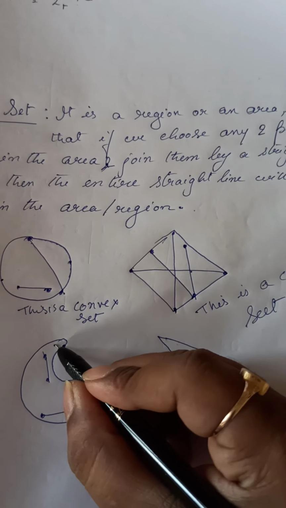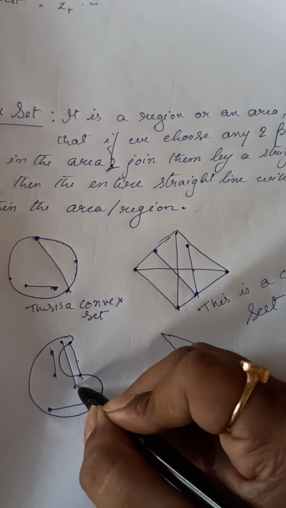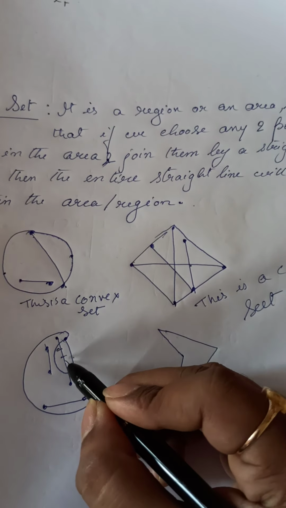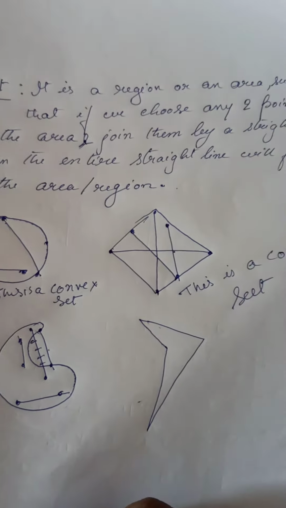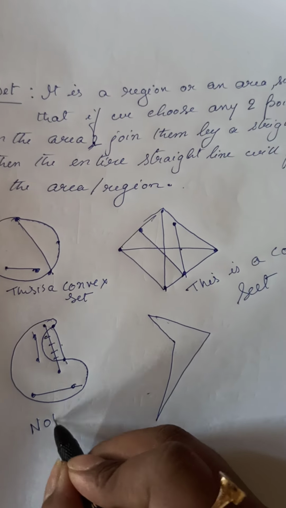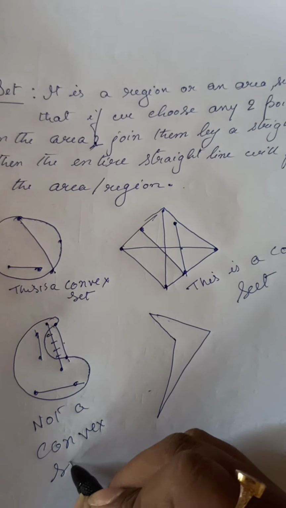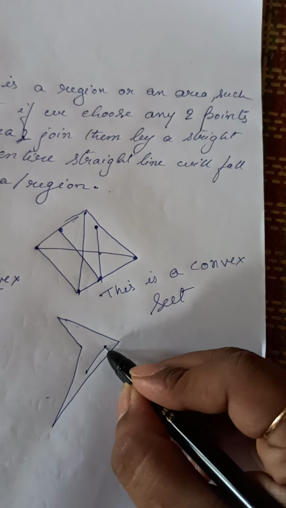Say you have taken these 2 points and joined them by a straight line. Now this part of the line is lying outside the demarcated area, so this is not a convex set. Similarly, for this diagram you will have such a problem.